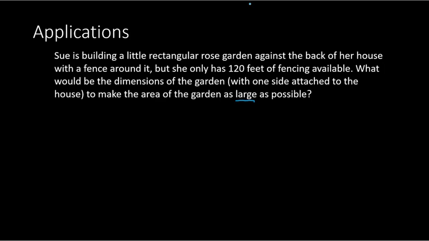Now in this particular example, let's figure out what the function is going to look like. If it's helpful, you can draw yourself a picture, something like this. The house is on one side, so we are not putting any fence right here along the house because the house is serving as one of the walls. But we are going to put fencing here in red.